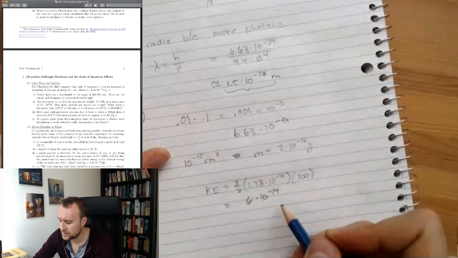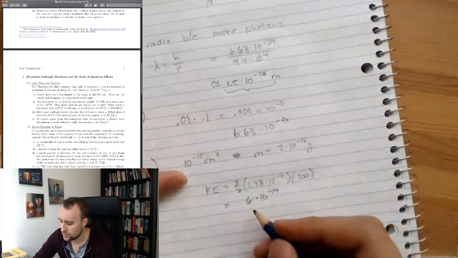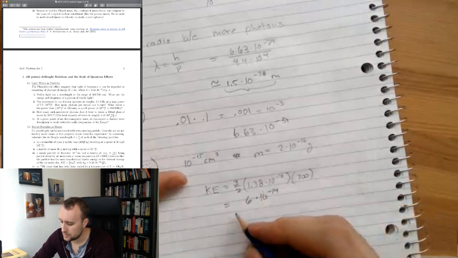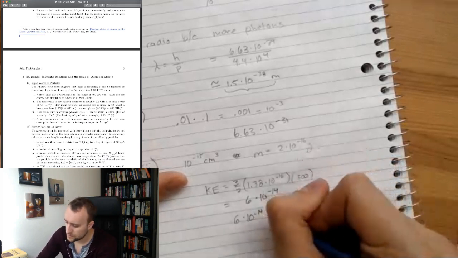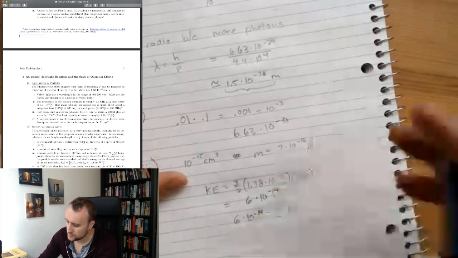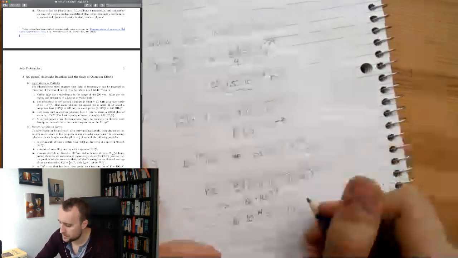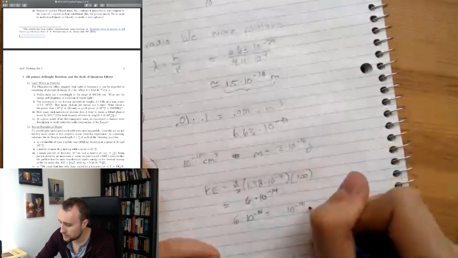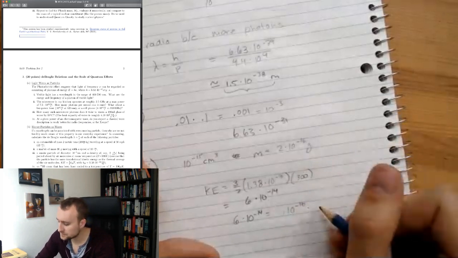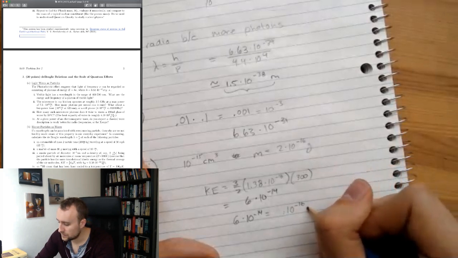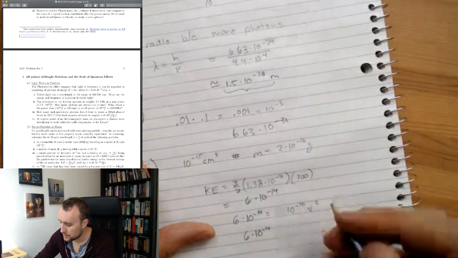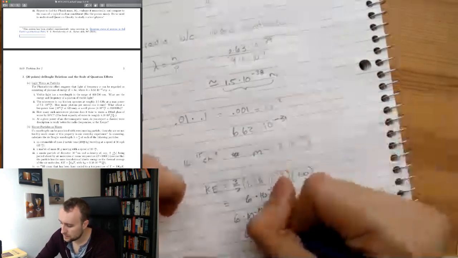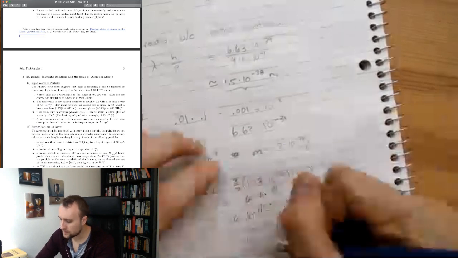If this is the kinetic energy, that's 1/2 mv squared. So 6 times 10 to the negative 14 is equal to the mass times v squared, and so v is the square root of 600.